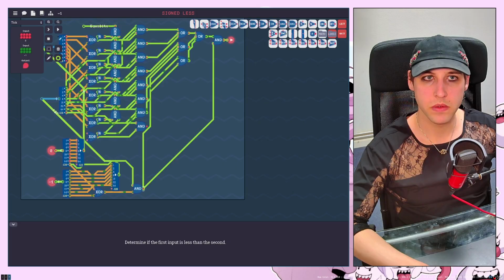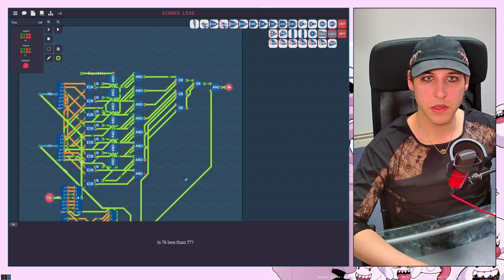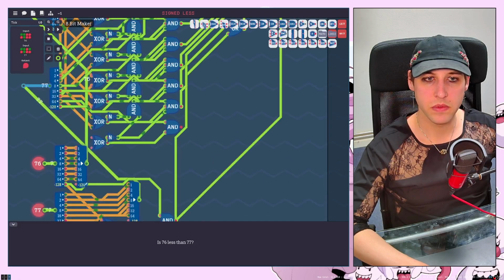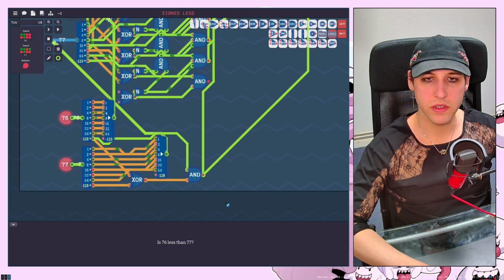Does this change anything? Yes, it does. So what does it do? It works if one number is negative and the other is not. And it works for negative numbers as well. And if we have positive numbers, okay, there's no difference in these two.